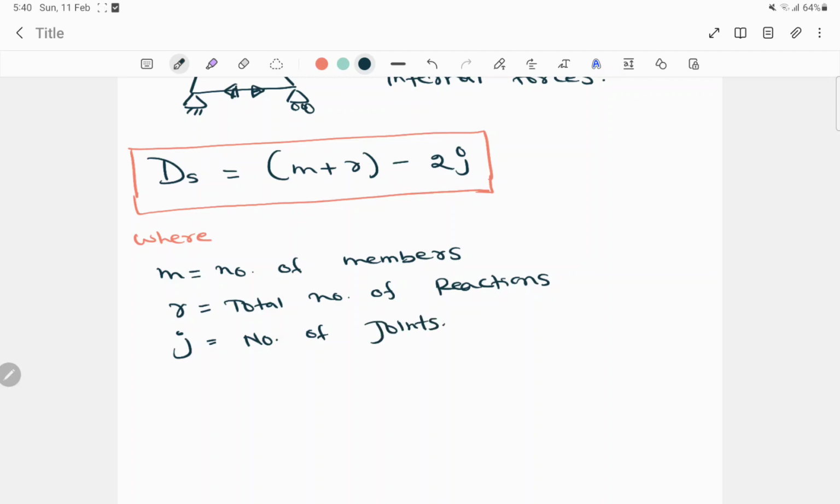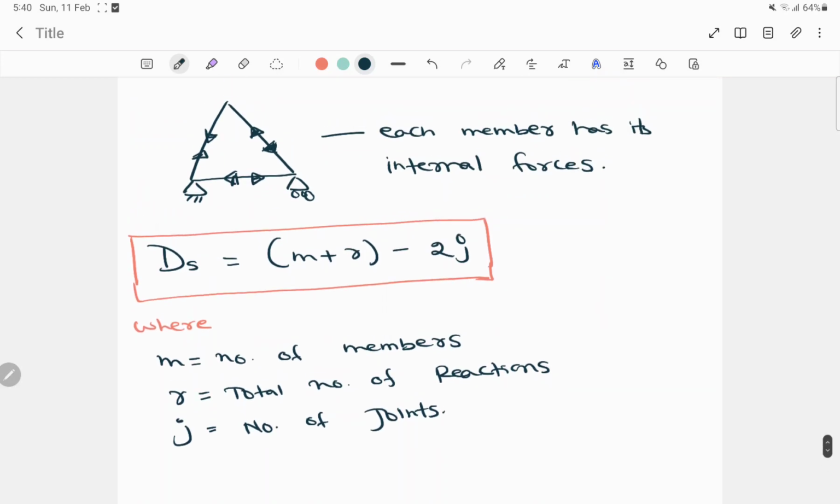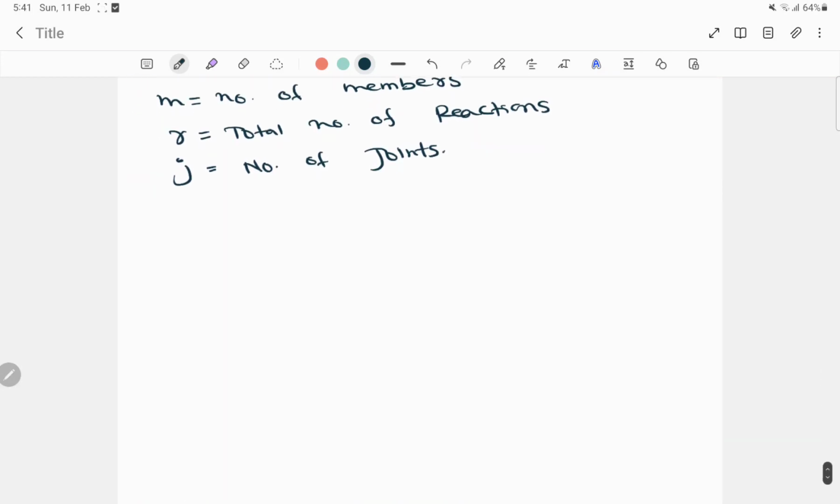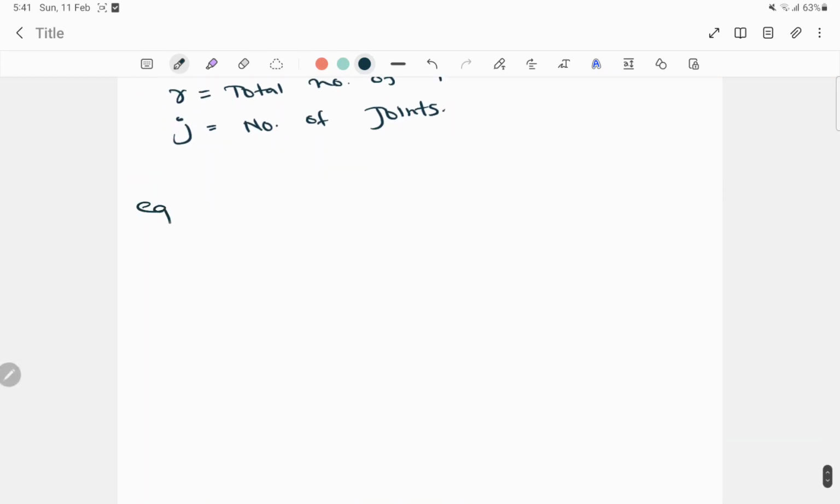Now I'll give an example here, or we'll solve a problem for the plane truss. So I'll draw one truss here.